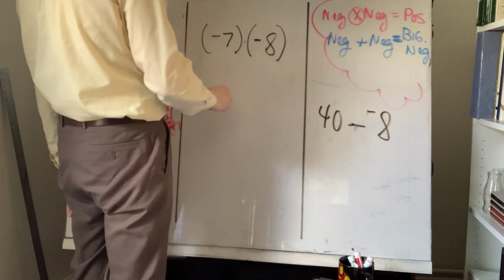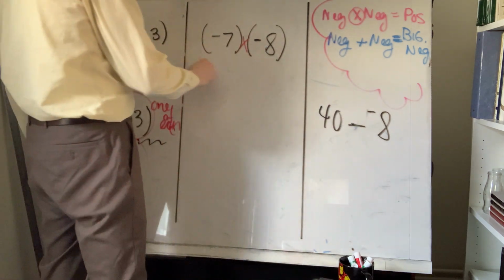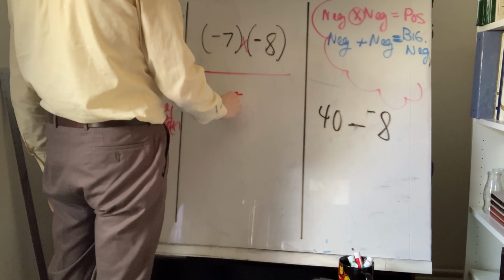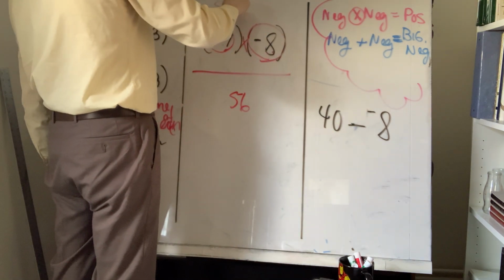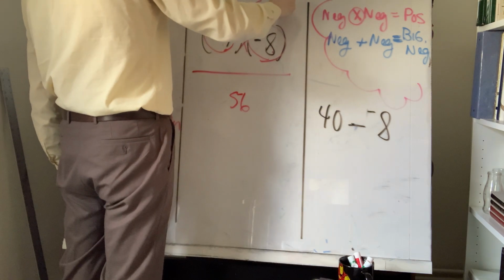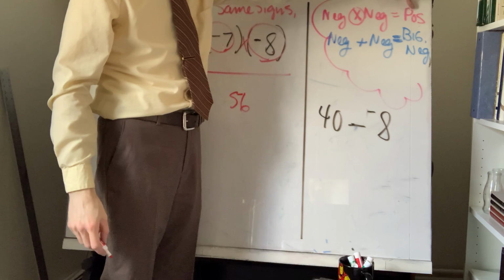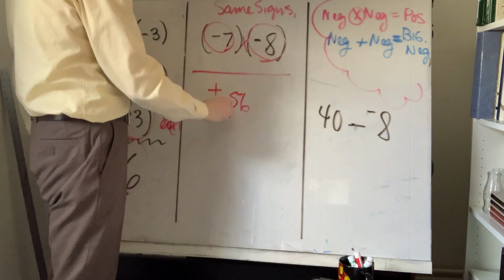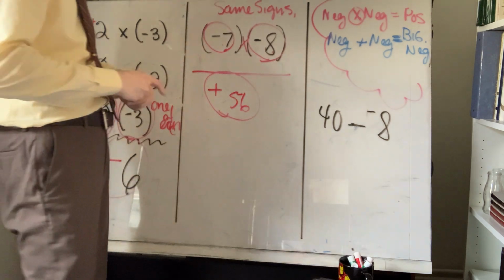This is really that, all right? So, establish the digit first. 7 times 8 is 56. What do we have here? Same signs. So that means that the answer is going to be this scenario. Negative times a negative is positive. Positive 56. Okay? One more.